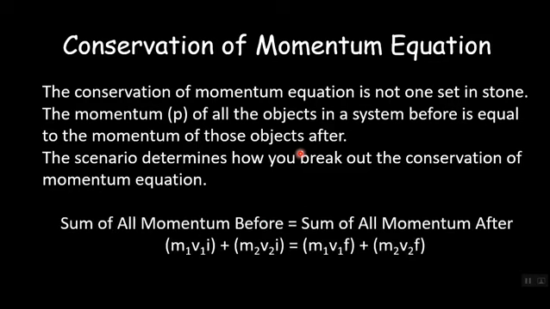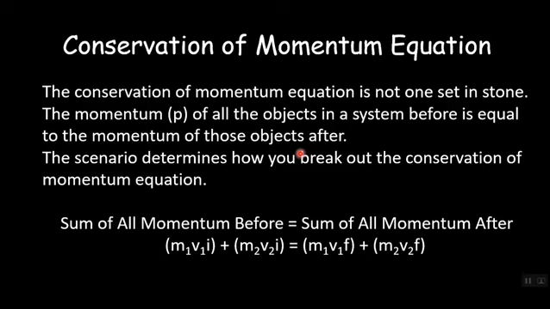The formula that we use though is the following, where the sum of all the momentums before is equal to the sum of all the momentums after. And now you'll see very much more subscripts here because I'm not using color.